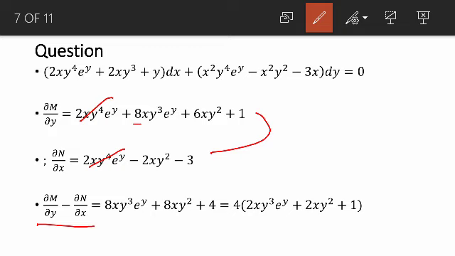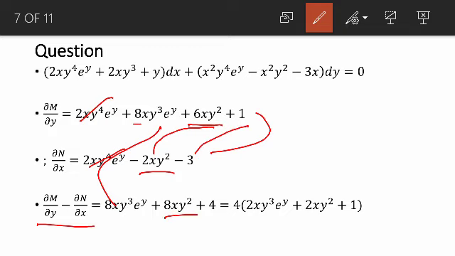Then we have this, which is exactly what we have here. Then 6xy squared, 2xy squared, they look alike. So when you subtract, it's going to be 6 minus minus 2, which will give us 8xy squared. That's how we got this.